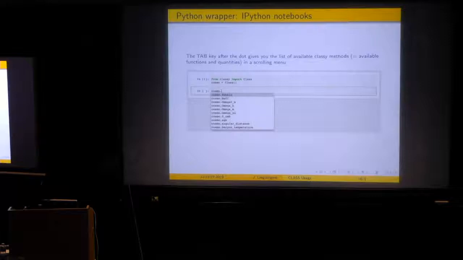And this will return the value of the omega parameter that you used, etc. This will be a function, the angular diameter distance as a function of redshift. This will be a function, the baryon temperature as a function of redshift. We will see all these things later on. But this is just a principle that .tab gives you all that you can use at a given point.